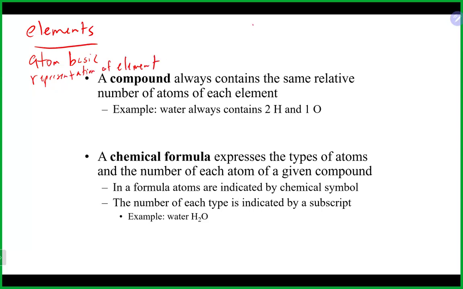Then we also have molecules, and we also have compounds. And sometimes people have a little misunderstanding about the difference of the two. So when we talk about molecules, molecules are really just a basic definition of two or more atoms together.